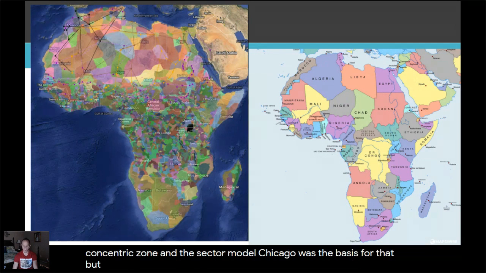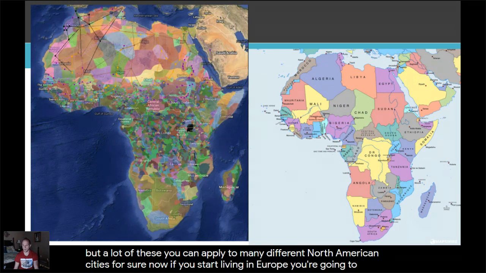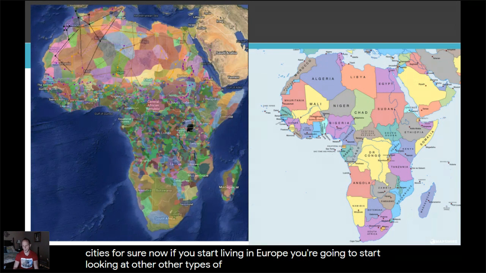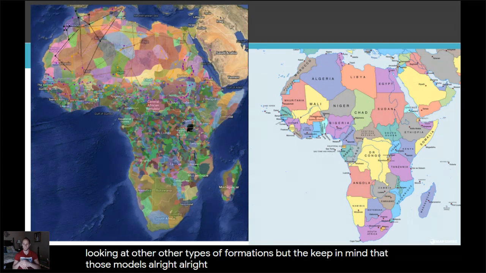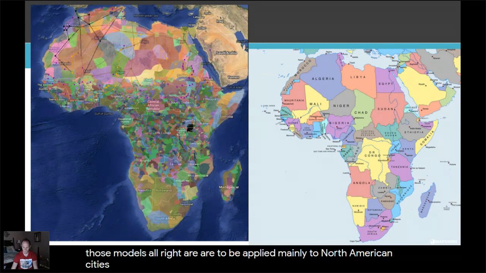But a lot of these you can apply to many different North American cities for sure. Now, if you start looking in Europe, you're going to start looking at other types of formations. But keep in mind that those models are to be applied mainly to North American cities. Okay. So I think that Chicago would probably be the best.